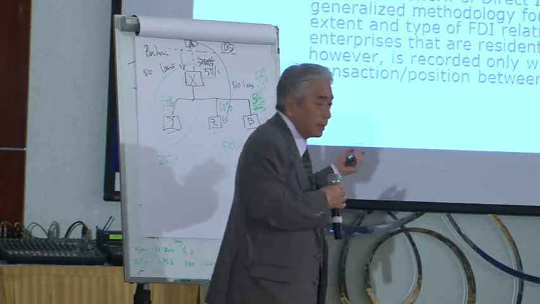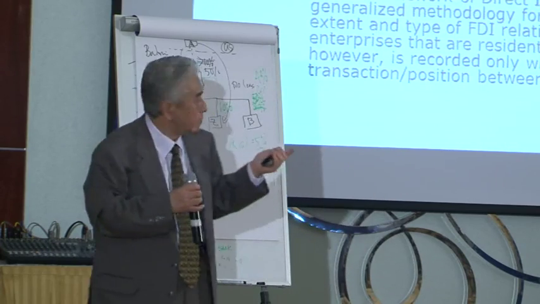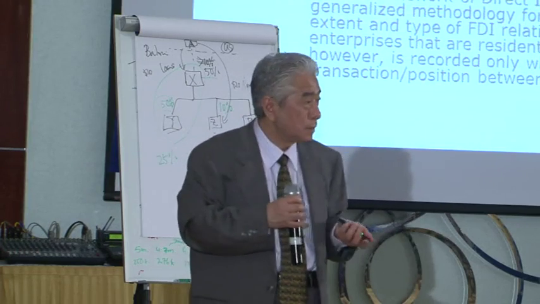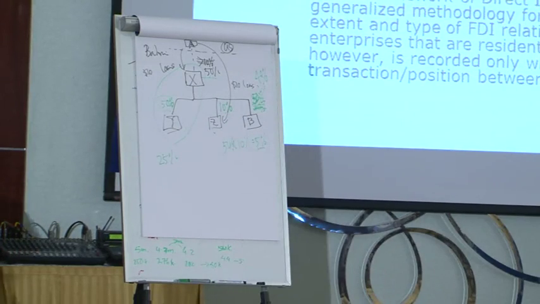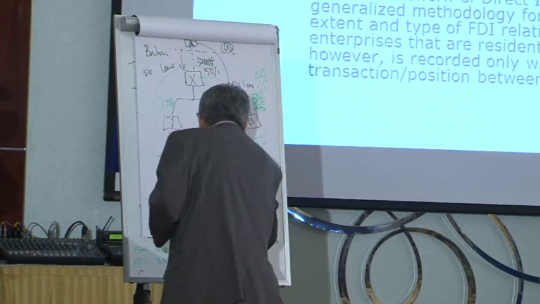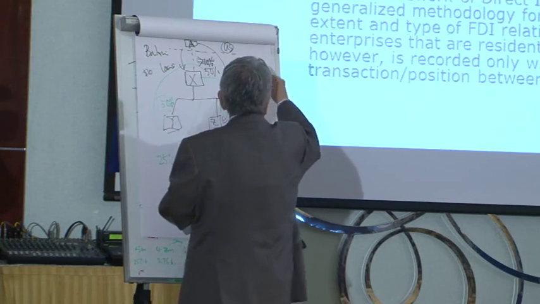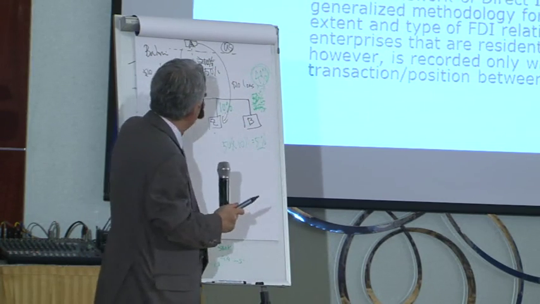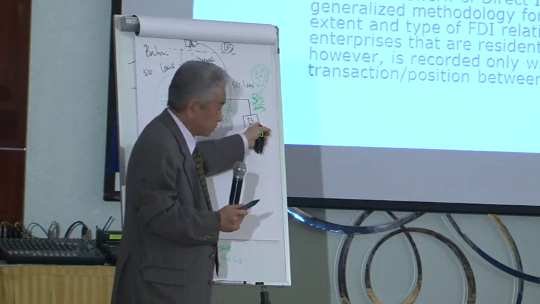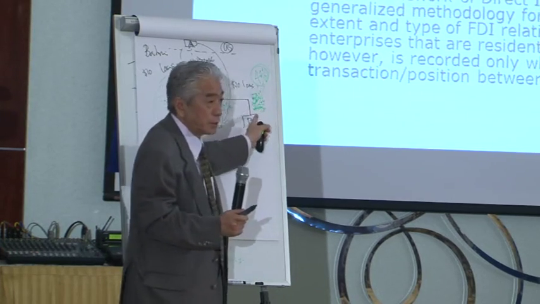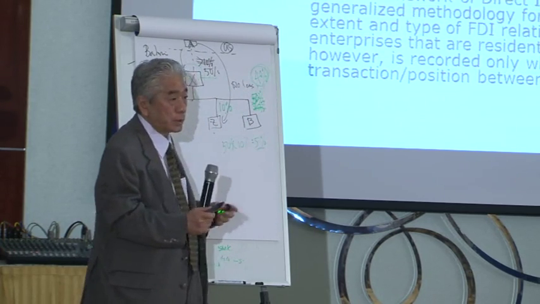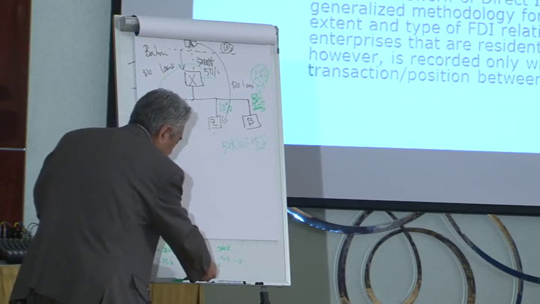So X owns B 40%, less than a majority, therefore not included under the EU, but under the US it is included.